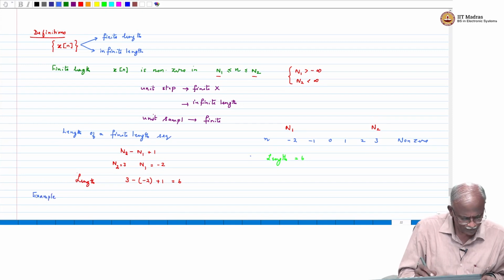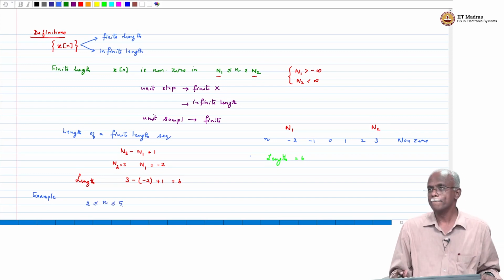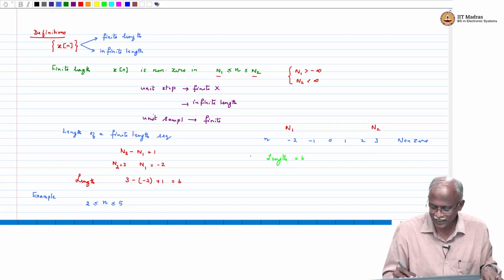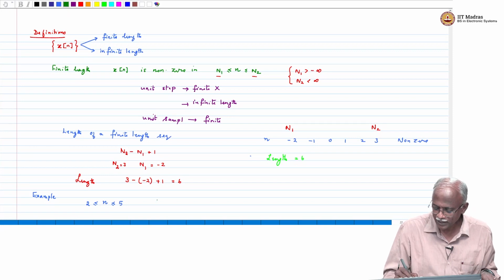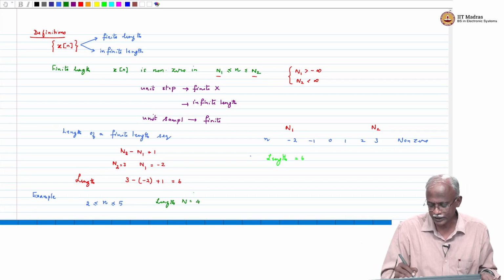Supposing I told you I have a sequence that is non-zero in the range 2 to 5. This is easy enough. Obviously, the length of the sequence, length uppercase N, is equal to 5 minus 2 is 3 plus 1 equal to 4.